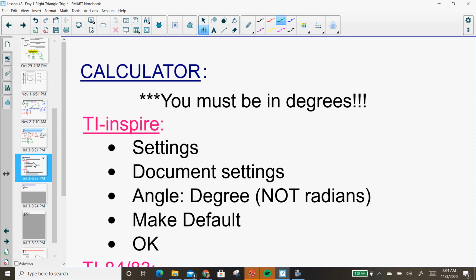Okay, let me give you some directions on with your calculators. One thing you need to know before we start using the calculators.